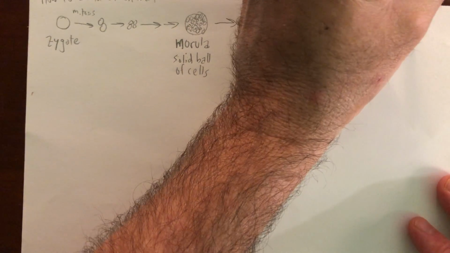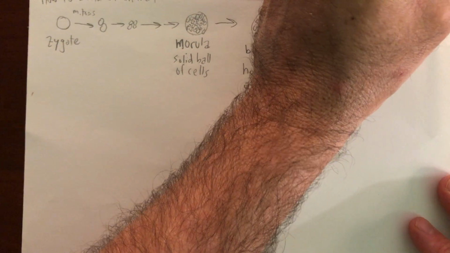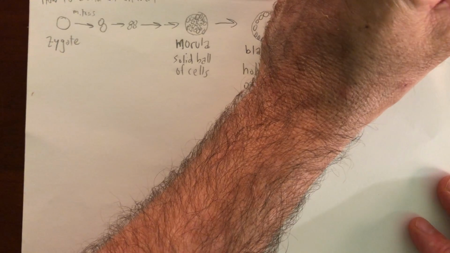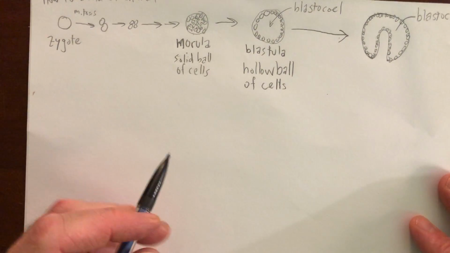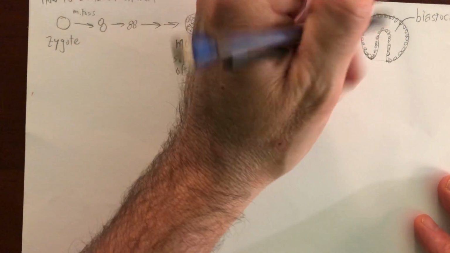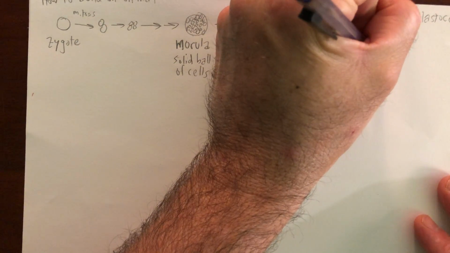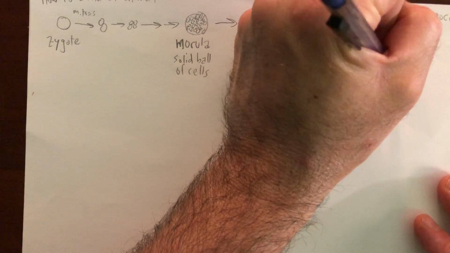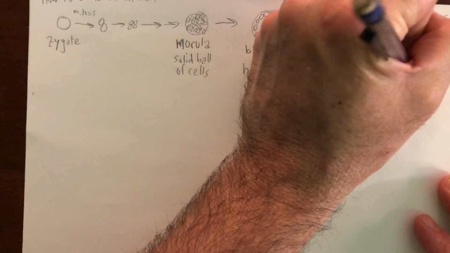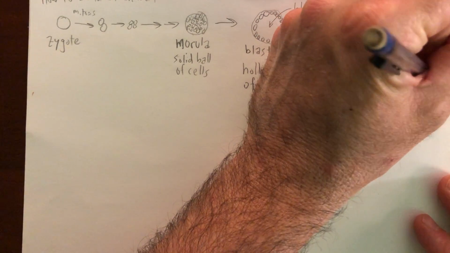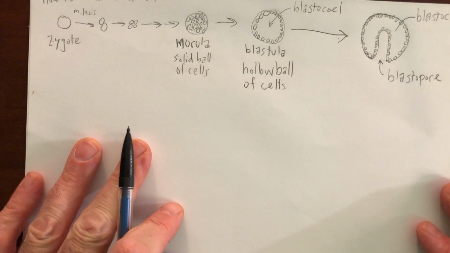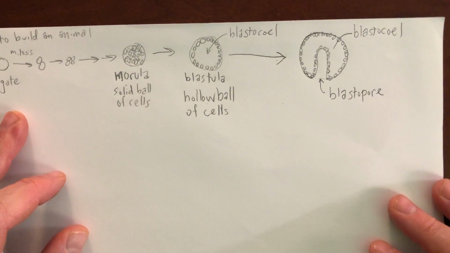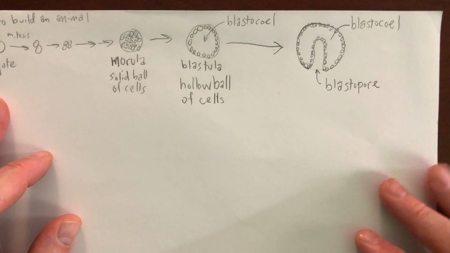So we still have a blastocoel, and we still have an outer layer, but now we've poked in one end and formed what's called a blastopore. Okay, so remember that blastopore, that's going to be important later.